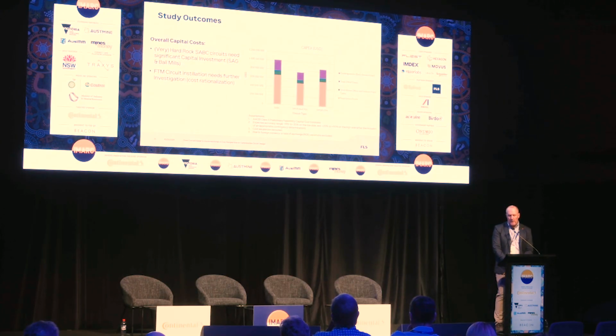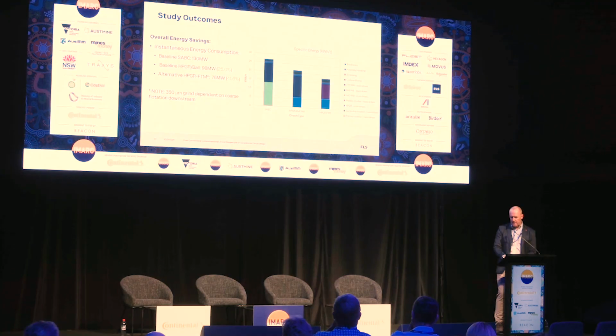Now, when we look at the overall energy savings, this was quite interesting for us. Typically, as we would have expected, for the SAG mill versus HPGR circuits, there was quite a big savings there. 25% of the total instantaneous energy reduction just by going from a SAG mill to an HPGR ball circuit.